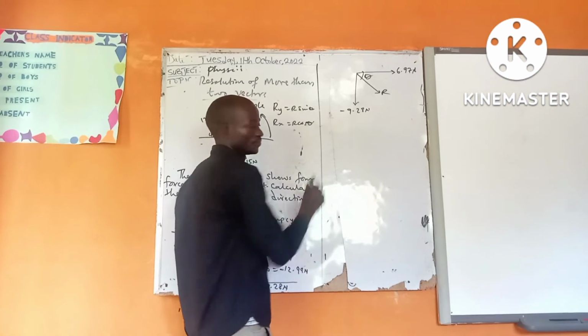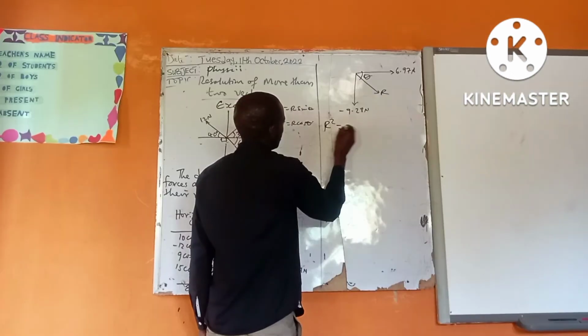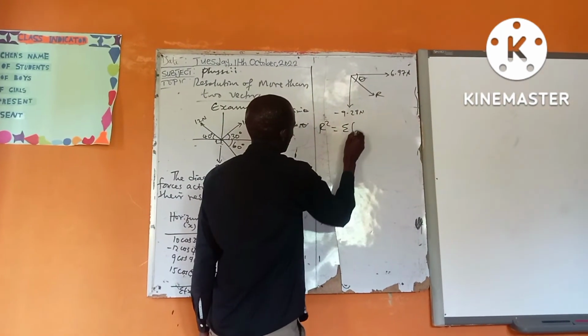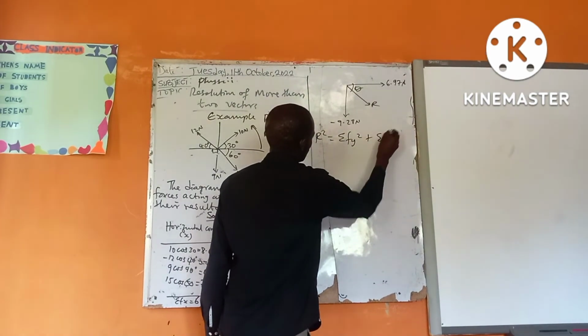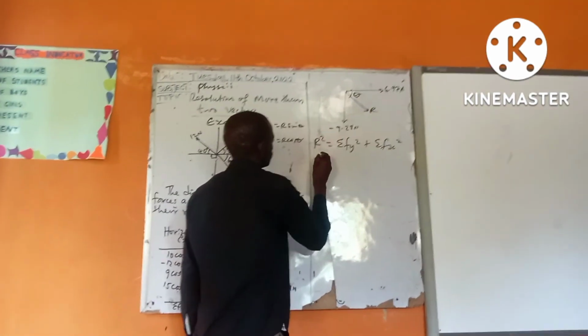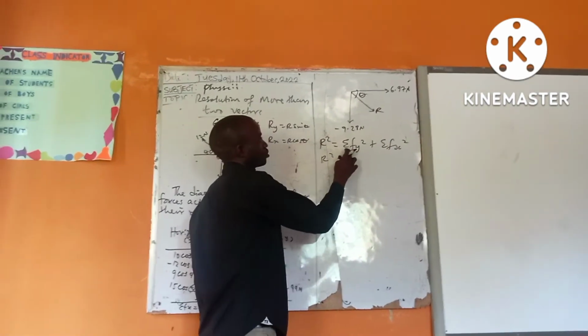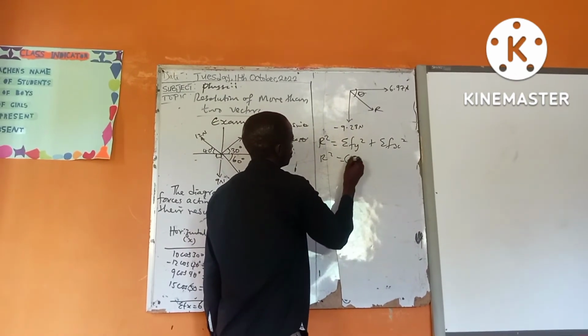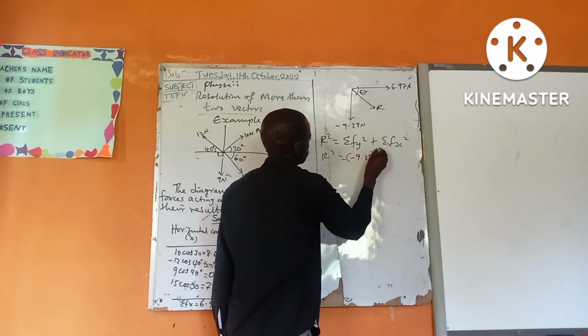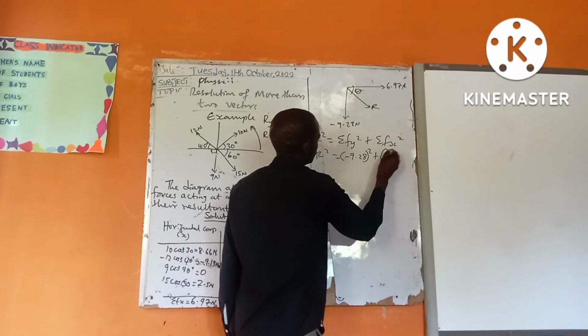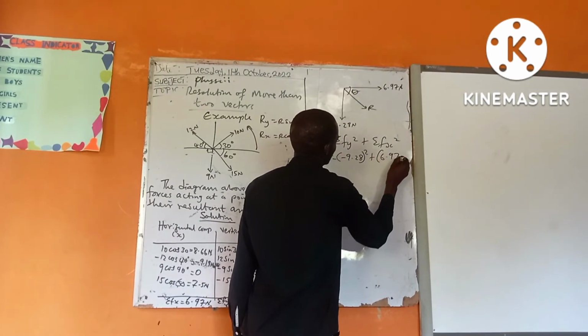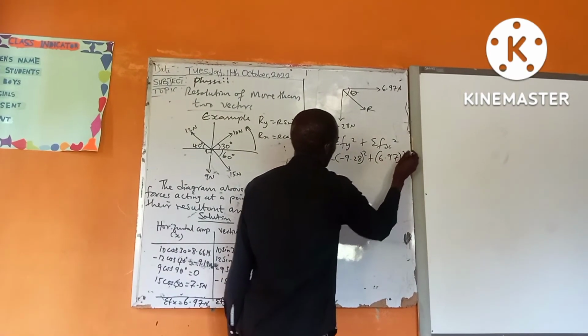So we have r squared equals summation of f of y squared plus summation of f of x squared. So r squared is equal to minus 9.28 squared plus 6.97 squared.